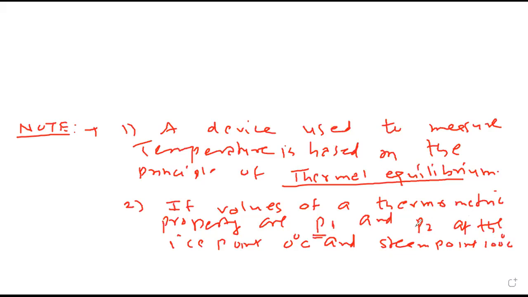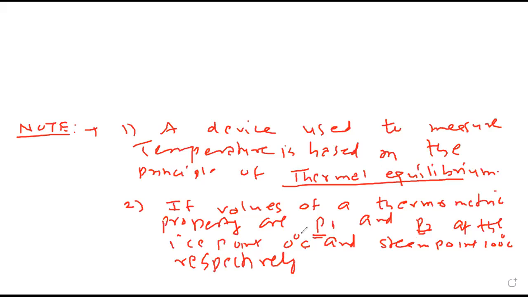Now P1, P2 are thermometric property, meaning the height of mercury at 0 degrees and at 100 degrees. P means property, 1 means at 0, 2 means at steam point respectively.